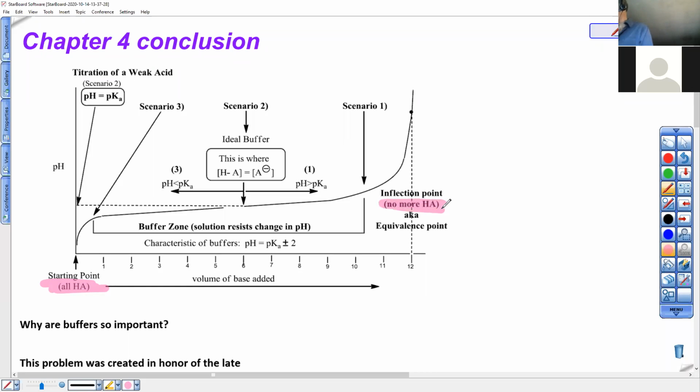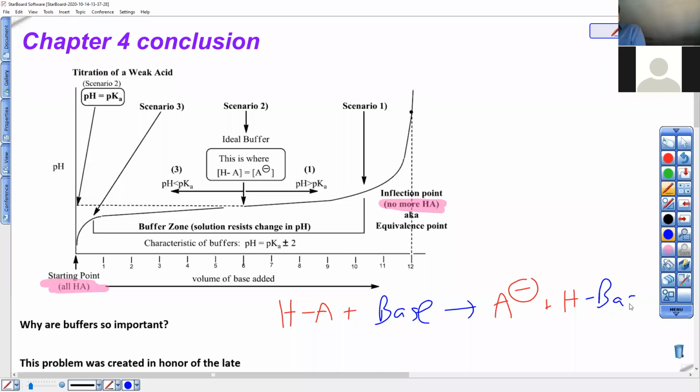What happened was HA is reacting with a base, and it's becoming A minus. And we're getting the conjugate acid of the original base. So that's what's happening.